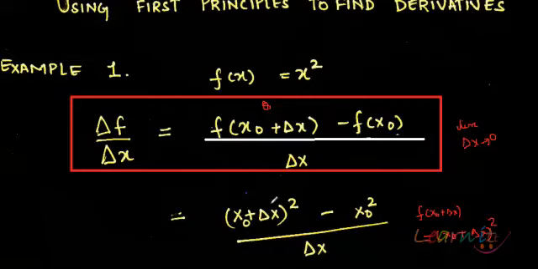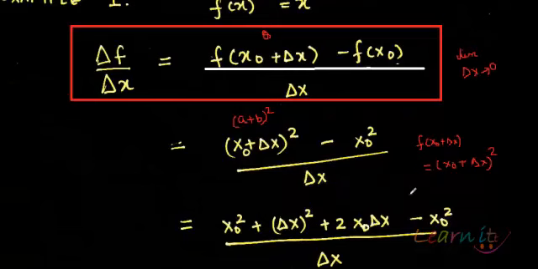Now here I have (a plus b) whole square. Can I make use of some algebra here and just open it up? So I get x naught square plus 2 x naught into change in x plus change in x whole square, minus x naught square that I have from the previous, upon change in x.